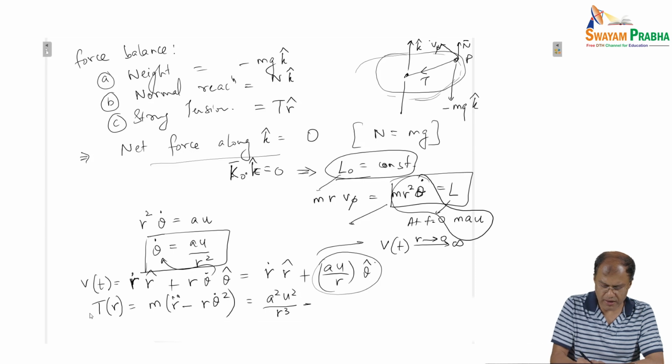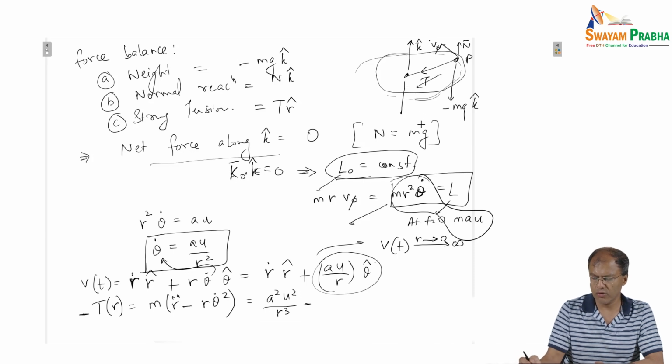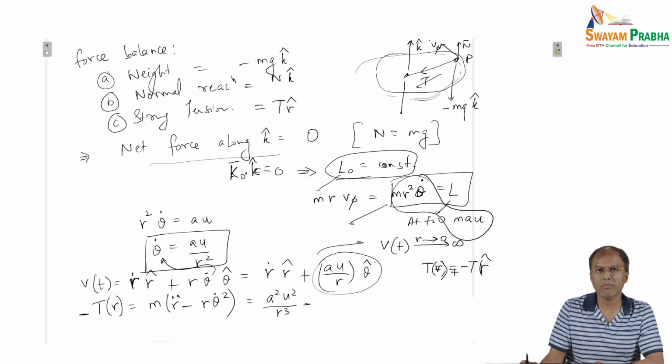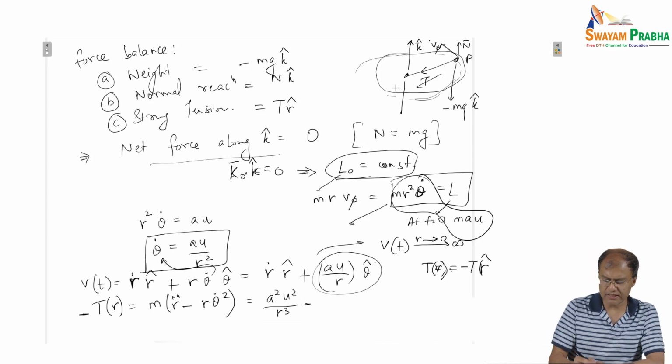We have to put a minus sign because the tension is acting in the negative r direction. So T of r is minus T of r hat, because tension is acting in the negative radial direction.